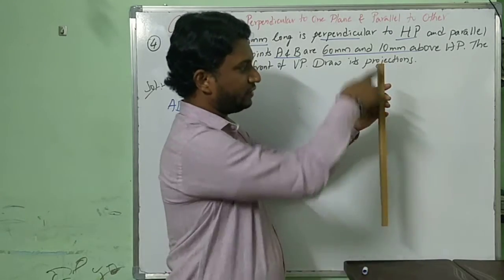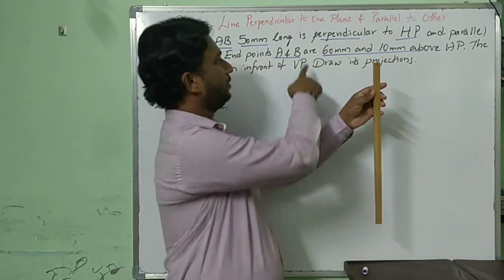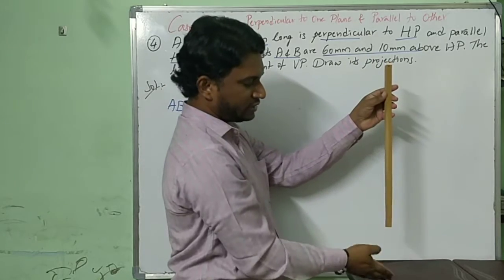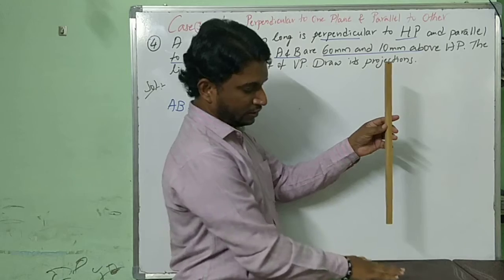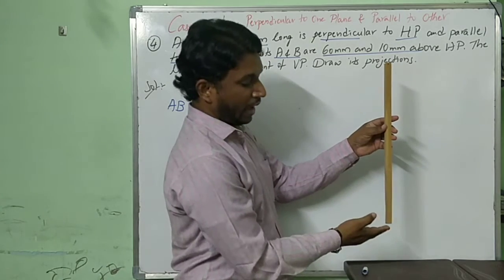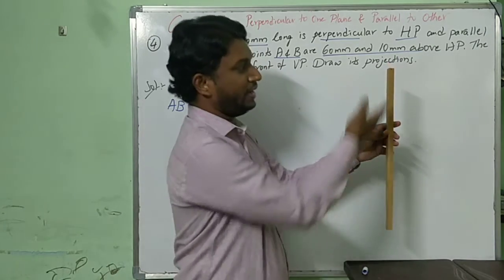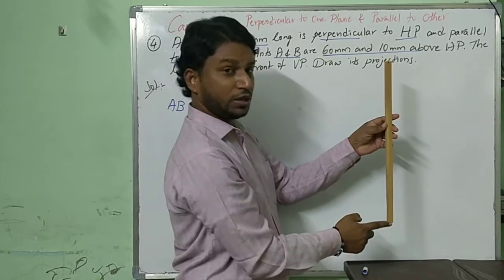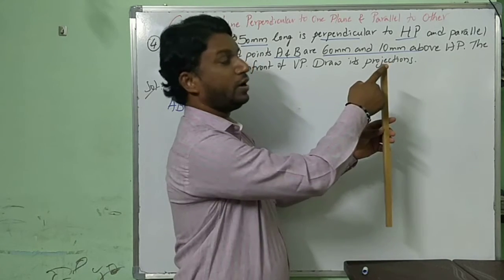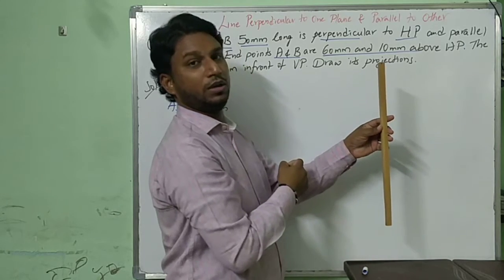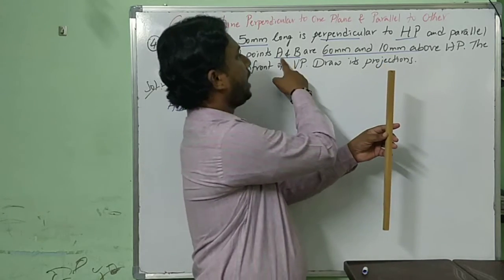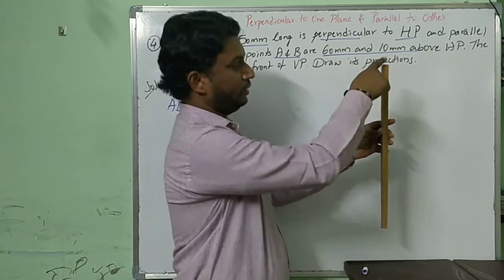Now the length of the line is how much? 50 mm. B at 10 mm. B is at where? 10 mm above HP. Now that means from the horizontal plane at a height of 10 mm your line is starting, with which point? B point. A point is at top. How can you confirm that A point is at top? A is 60 mm above HP.